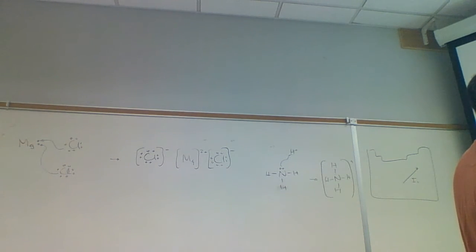This lone pair attacks this hydrogen. This is what we call Bronsted, proton donor, proton acceptor. We also call it Lewis, because we have an electron pair donor. The electron pair donor grabs the hydrogen, and these electron pairs are left on the chlorine. So we form ammonium ion and chloride ion. That would form an ionic lattice, similar to sodium chloride.